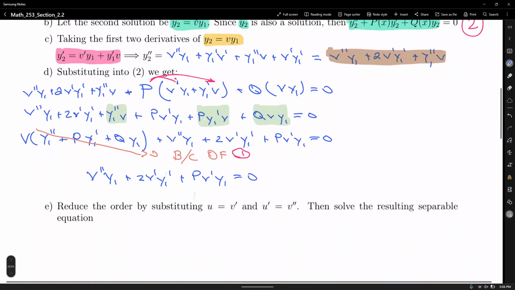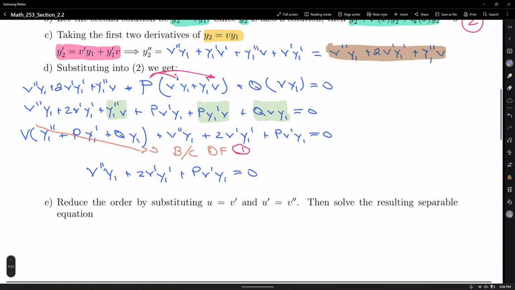What are we going to do with this? Well, that's still a second order differential equation. Here is the part where we will reduce the order of the differential equation by performing the following substitutions.